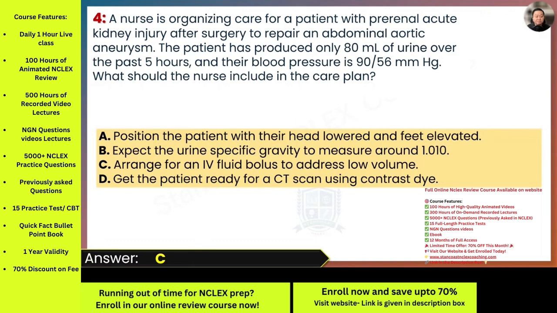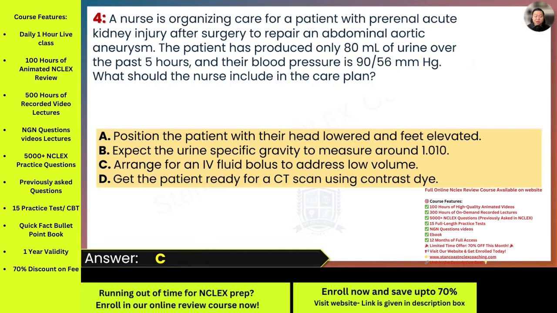Now, letter D. Get the patient ready for a CT scan using contrast dye. Well, this option is inappropriate because the contrast dye can worsen the kidney function in patients with acute kidney injury, especially if the injury is pre-renal and caused by low blood volume or low perfusion.